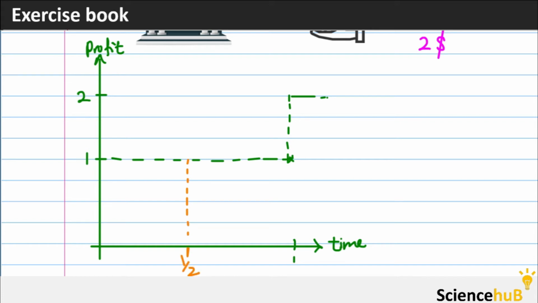So at the mid of the year you will get 1 plus 1 into 100% divided by 2 because it is paid twice a year. This will end up with $1.5. So at the mid of the year you will get $1.5.